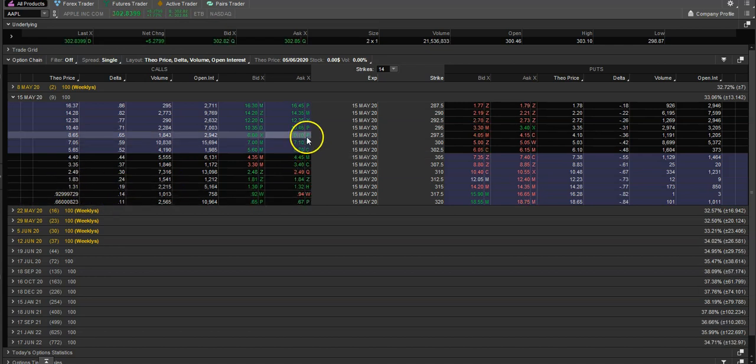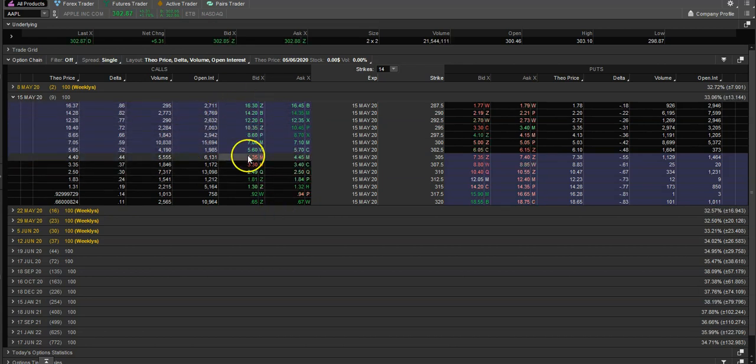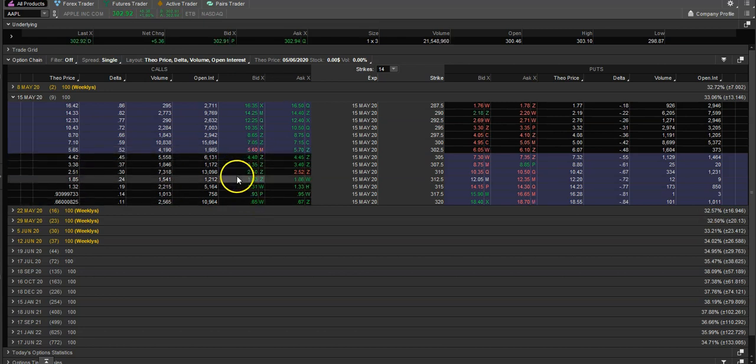That's a good way. Now, as it gets in the money or out of the money, the shaded area is in the money, meaning there's intrinsic value, along with extrinsic value, but out of the money is all extrinsic value only. Another word for extrinsic value would be premium.